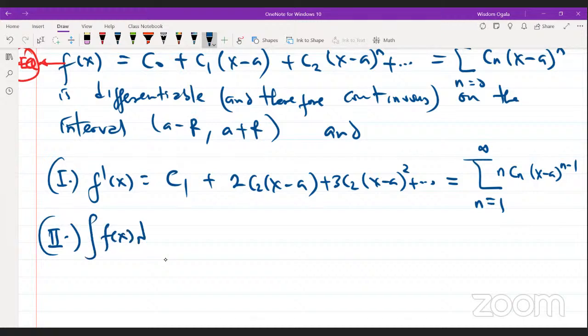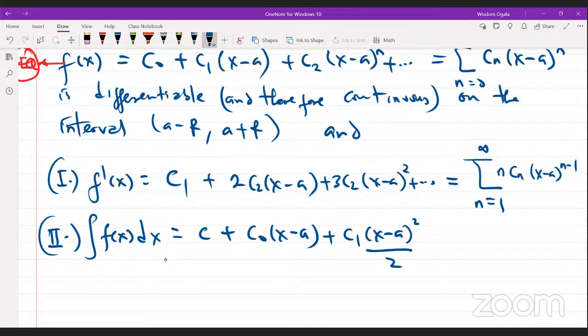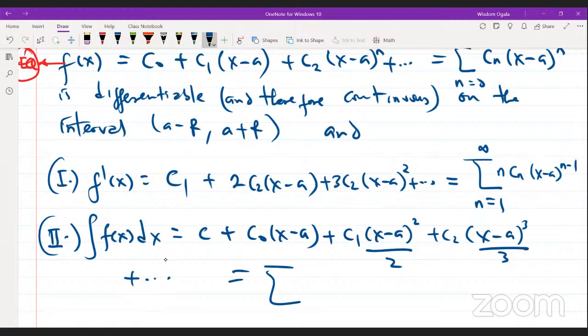The integral of that is c plus c0 x minus a, the c is just a constant of integration, c1 x minus a squared over 2 plus c2 x minus a cubed over 3. This goes on and on. That means I can definitely write them also as a power series.